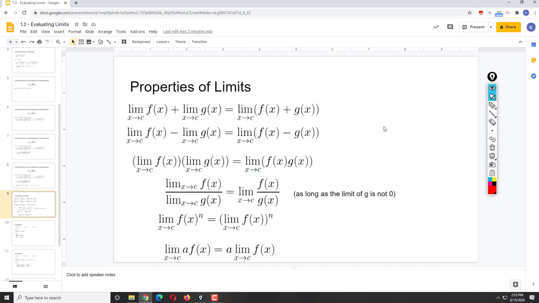Why do these work? Well, for example, if we think about the graphs, if we have f of x here, and even if f of x is not defined here, the limit still exists.